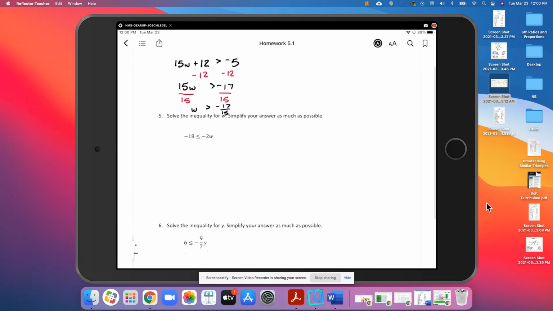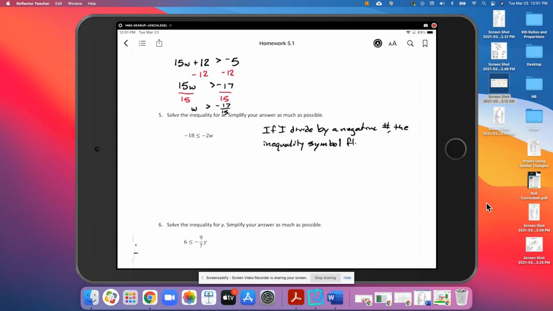This is where things get a little wacky with inequalities, folks. There's one trick you have to remember when you're working with inequalities. And that trick is if I divide by a negative number, the inequality symbol flips over.